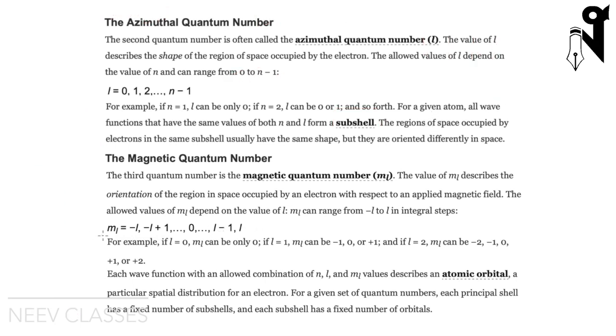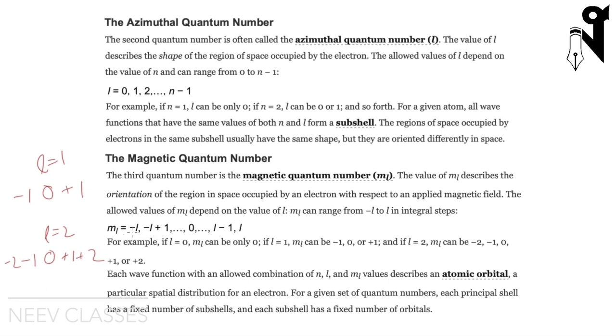So what we see is M, which is the orientation of an L subshell. The total number of orientations can be, if L is equal to 1, the orientations are 0, -1 and +1. If L is equal to 2, the orientations are 0, -1, +1, -2 and +2.